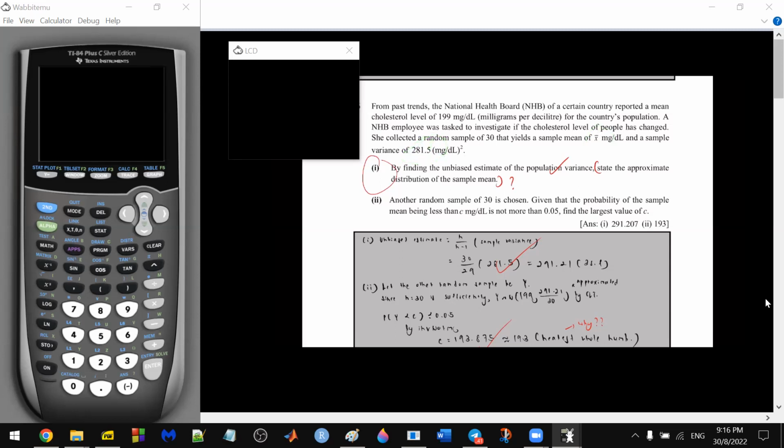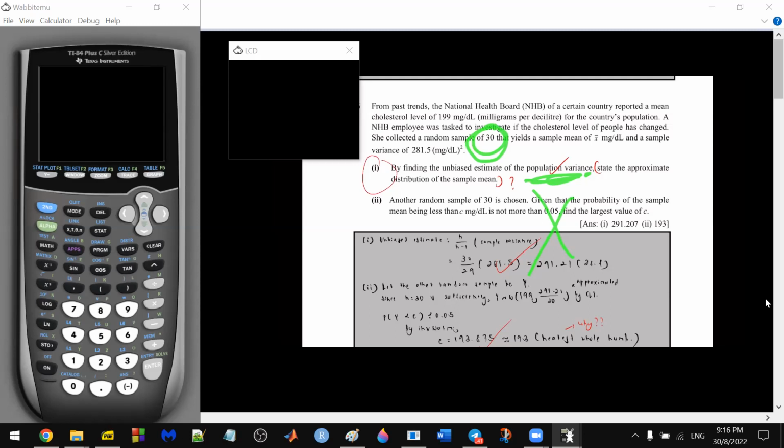State the approximate distribution of the sample mean. Must be normal, I guess. Sample mean is just talking about x bar. And then they use the magic number, random sample size of 30. So that's large. Then we can quote what theorem?